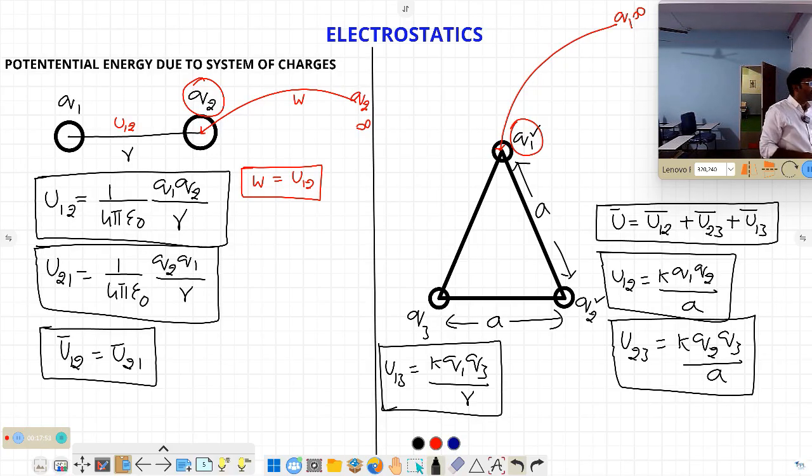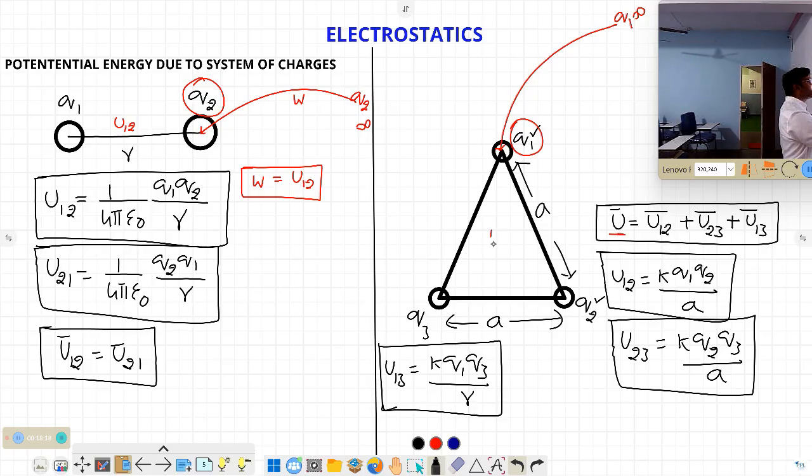The work to bring the charge is equal to the energy of the system, because Q3 repels this Q1, and Q2 also repels this Q1, so you have to do work against the combination of both repulsions.